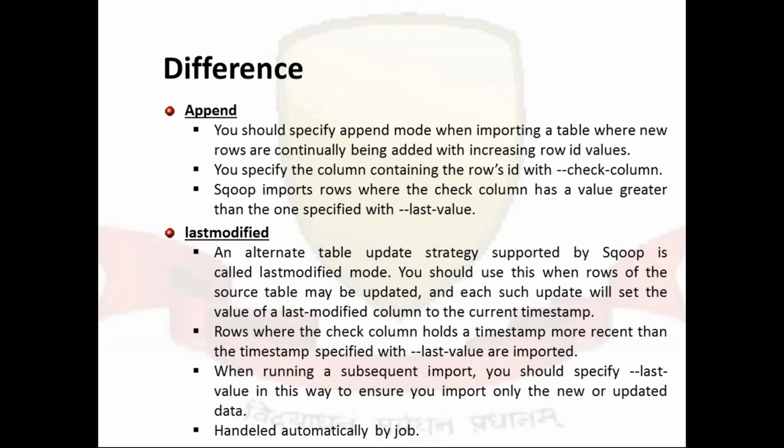Rows where the check column holds a timestamp more recent than the timestamp specified with last value are imported. When running a subsequent import, you should specify the last value in this way to ensure you import only the new or updated data.